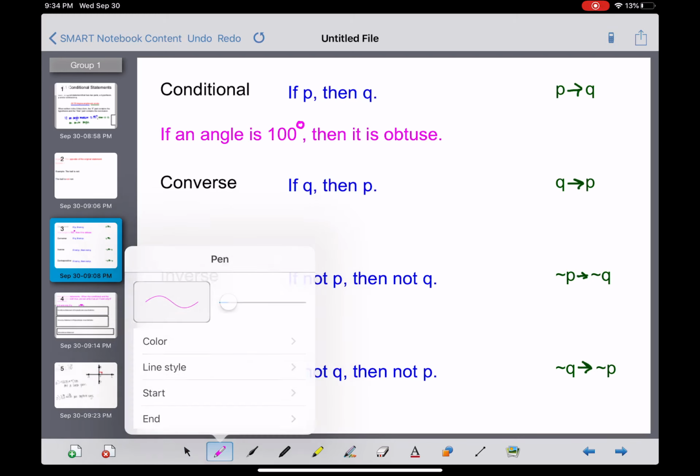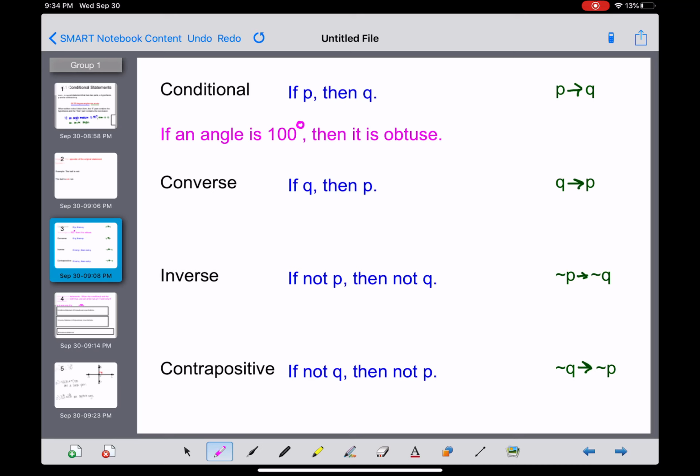So our original conditional is true. If an angle is 100 degrees, then it's considered obtuse. So that is true. So let's look at the converse of that statement. The converse is flipped.